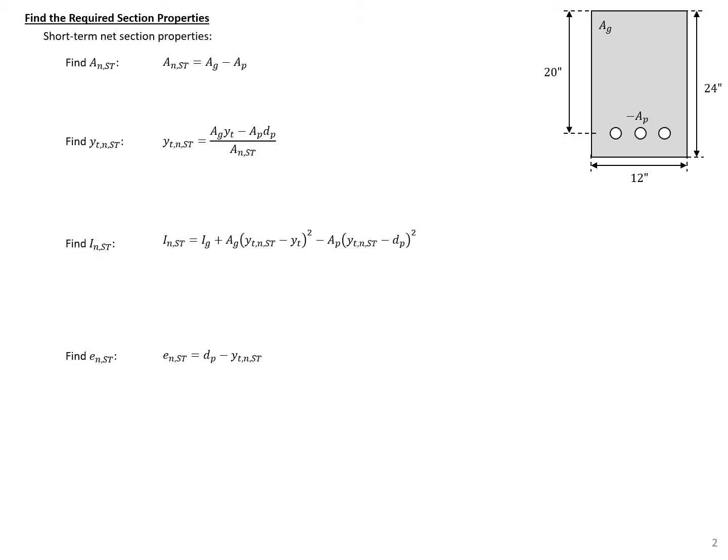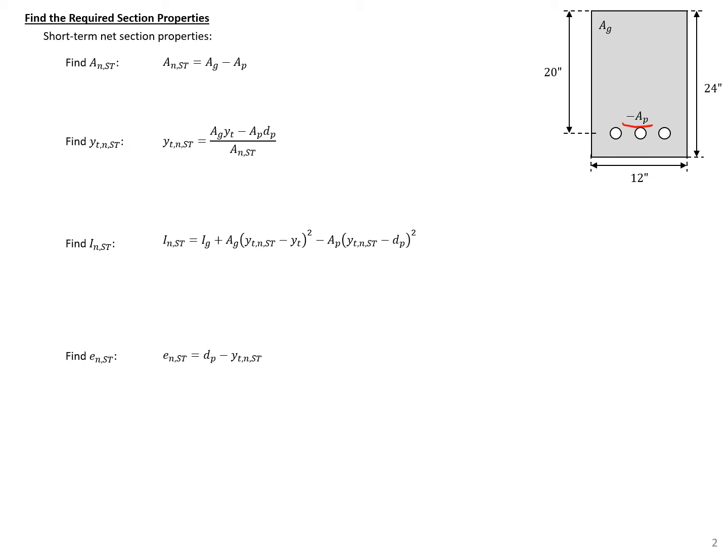We will use both our net and transformed section properties, so we need to find both. We can start by finding our net section properties. These section properties are our concrete section minus the area of our pre-stressing.